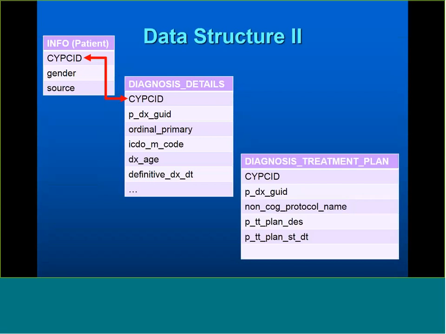But going on and adding a little bit of complexity to this, you can now see that we have a diagnosis treatment plan table here. So this is going to collect information on every plan that every child has. And of course, if you think logically through this, there will be multiple plans even for an individual diagnosis. So the patient has an initial plan that's started, they run into problems either through toxicity, for example, and they initiate a second plan.